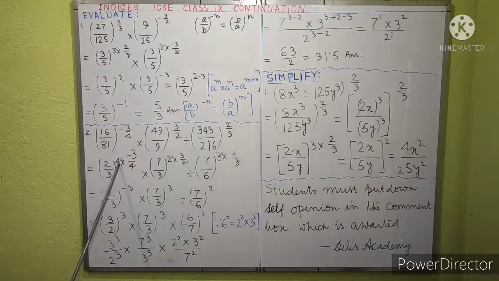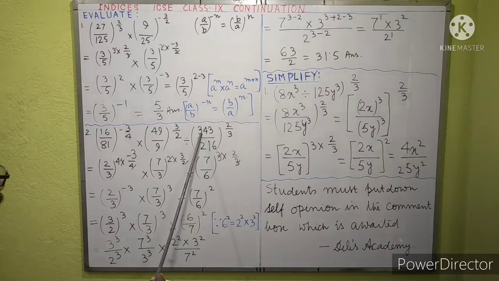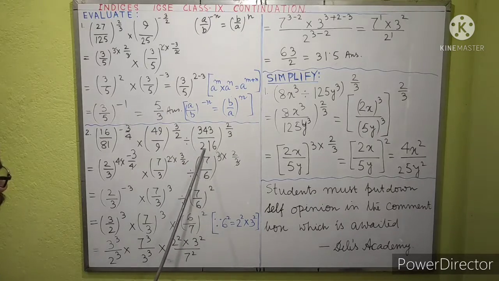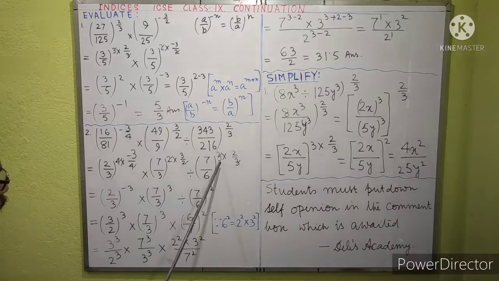Now this 4 and this 4 cancel out. Again 49 equals 7 square and 9 equals 3 square, and this 2 and this 2 cancel out. Again 343 equals 7 to the power 3 and 216 equals 6 to the power 3. This 3 and this 3 cancel out.